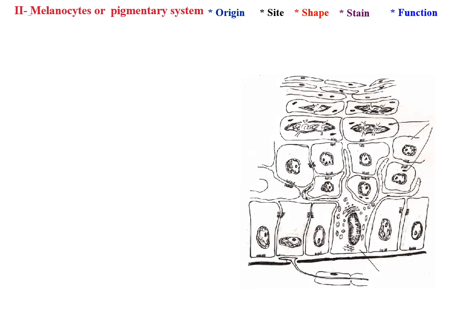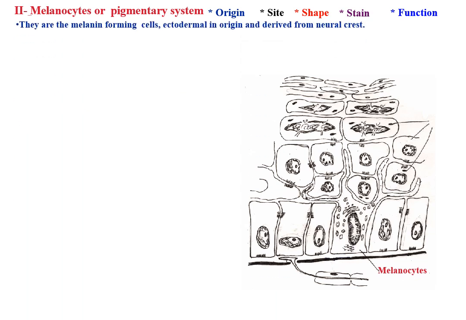Other cells are melanocytes. For easy studying the different types of cells, we had better consider origin, site, shape, if there is any special stain, and the possible function of the cells. Melanocytes. They are melanin-forming cells, ectodermal in origin, derived from neural crest.